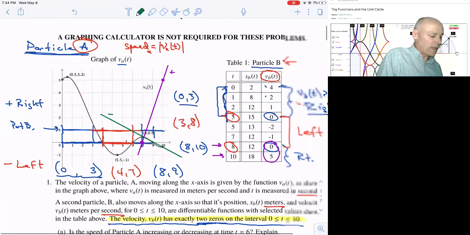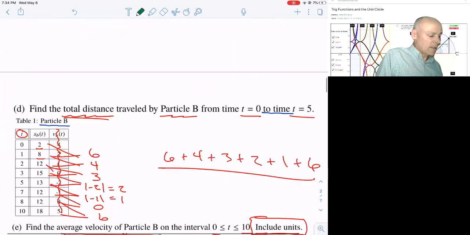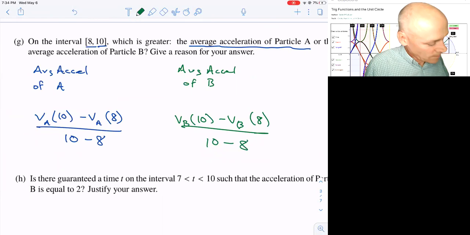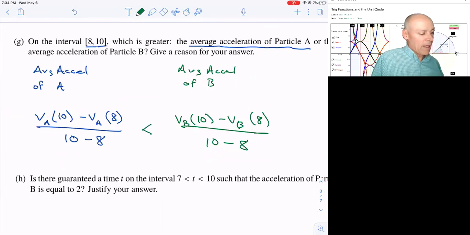So I'm basically going to say particle B's average acceleration is greater. Okay, and my reason is basically what I've set up here using my values for my velocity.